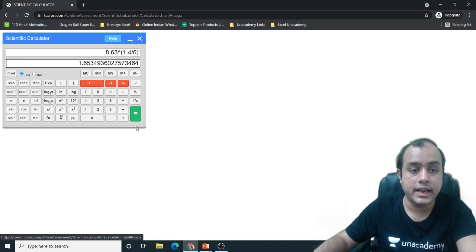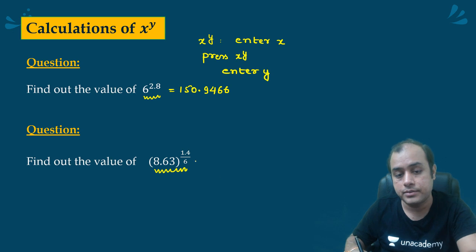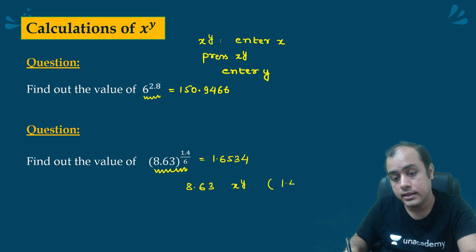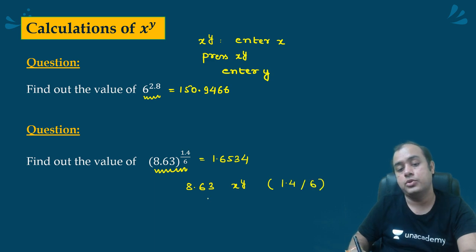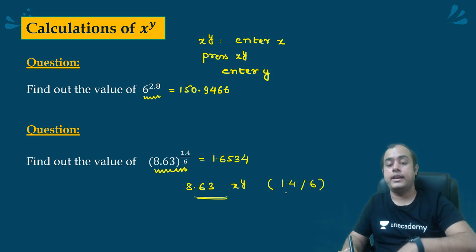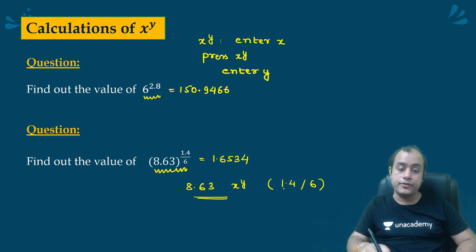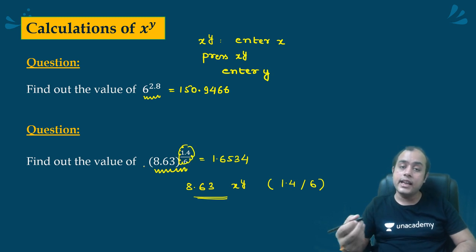Better make use of brackets. 1.6534. So what I did is 8.63, then x to the power y, then bracket, then 1.4 by 6, bracket close. The bracket indicates that this calculation has to be performed first. So first I need to figure out the value of 1.4 by 6, and then only I can raise 8.63 to that power.